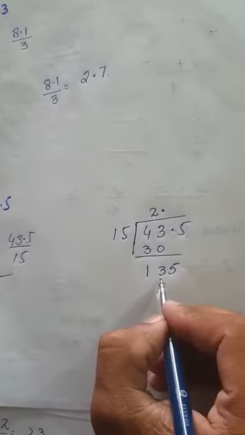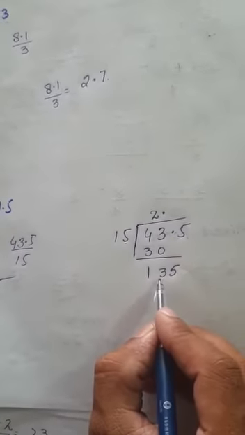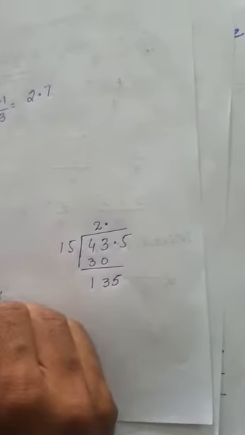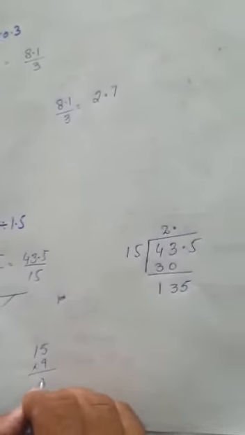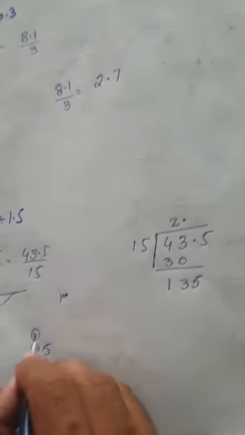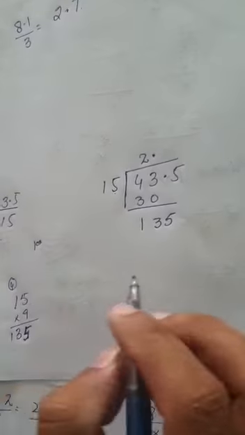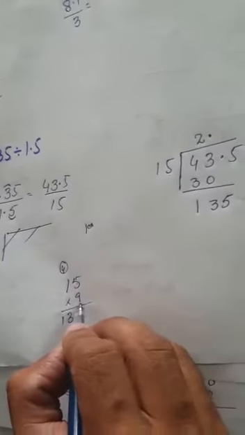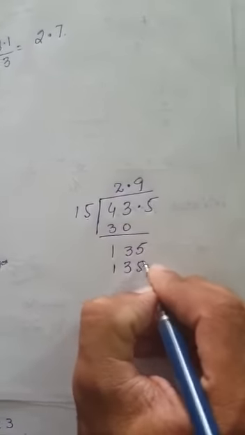Okay, 135. Now we need to multiply 15 by a number so that we can get 135. So if we multiply 15 by 9, okay, 9 5s are 45, write 5 and carry 4, 9 ones are 9, 9 plus 4 is equal to 13. So 135. That means we need to multiply 15 by 9. So the answer is 2.9.